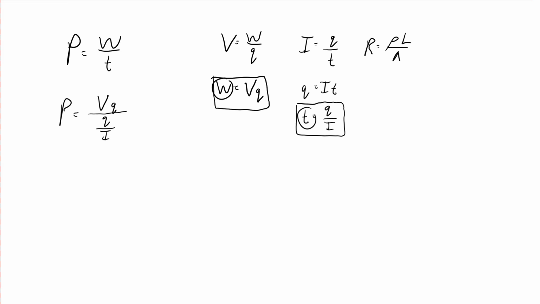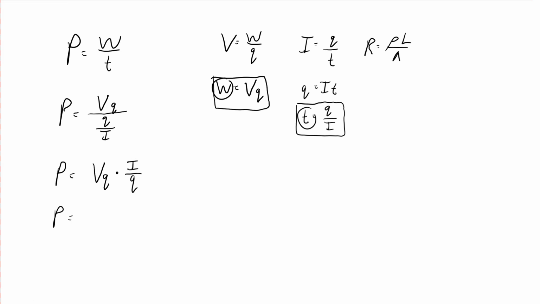Well, we have an improper fraction here, so the way we deal with an improper fraction is to keep that, change the division to multiplication, and then we'll flip Q over I. Q over I becomes I over Q. Keep, change, flip.